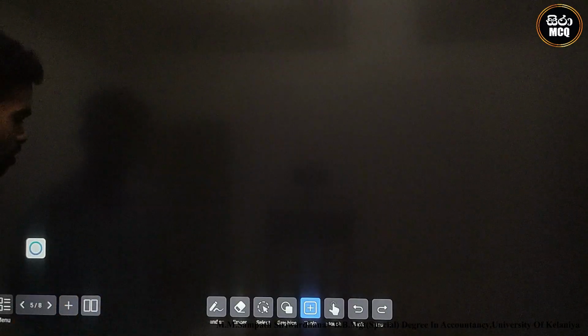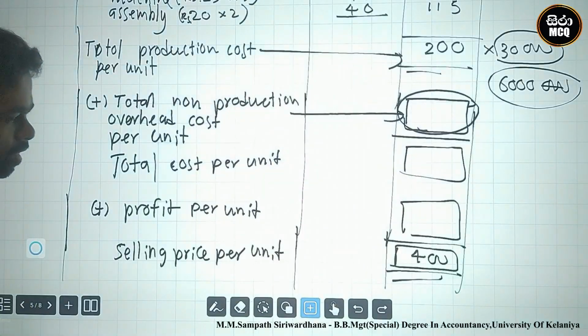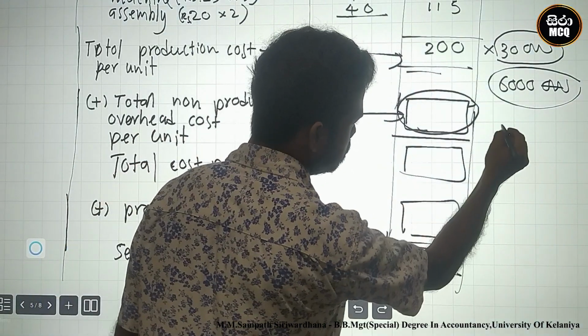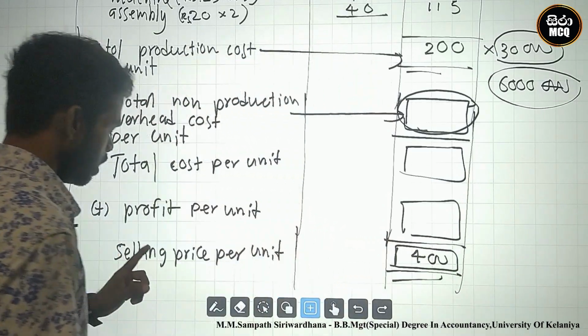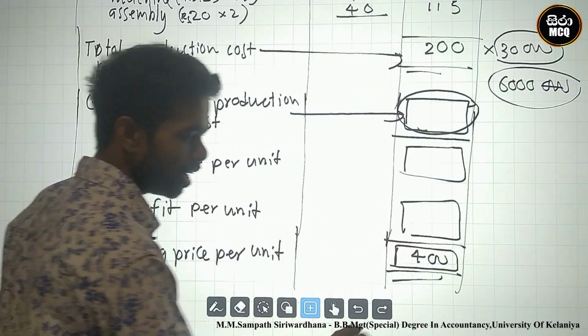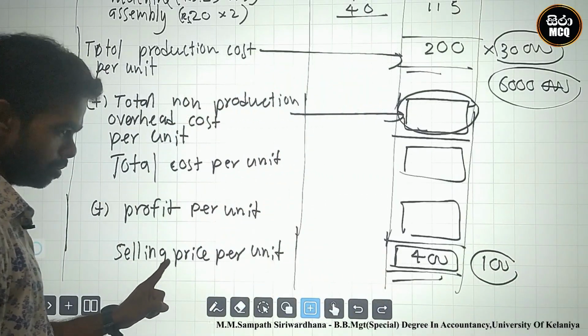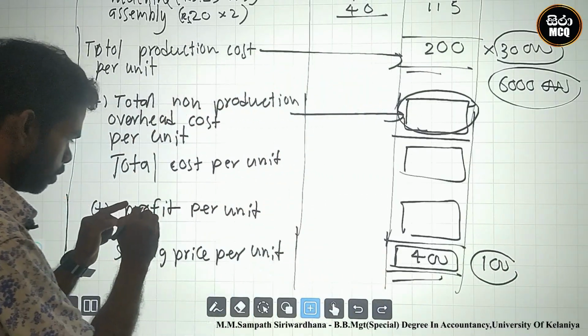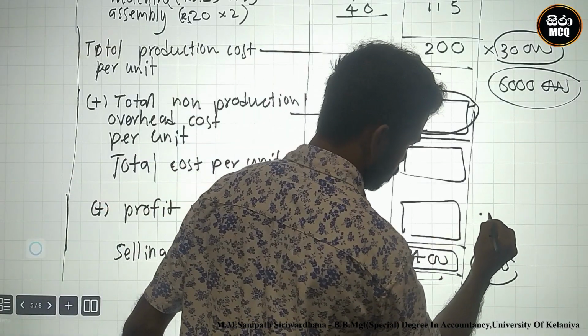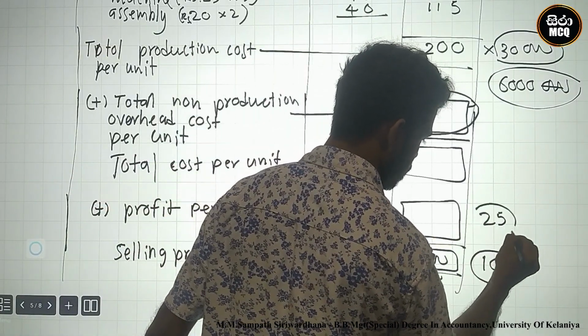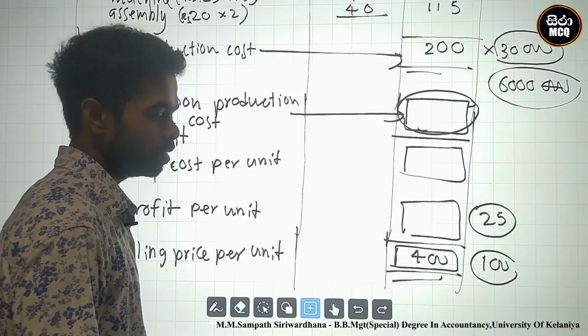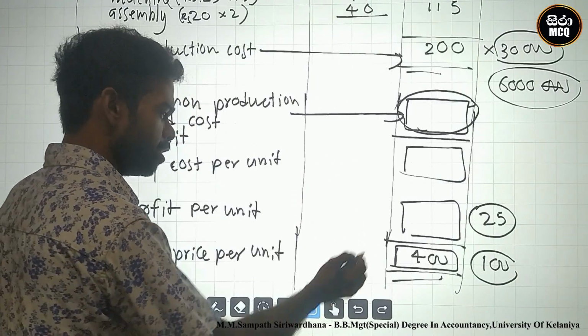Therefore I include this one to this. This is the actual figures, no, this is the percentage figures I use. 25%. 100 is selling price. Profit is 25. Okay, profit is 25.